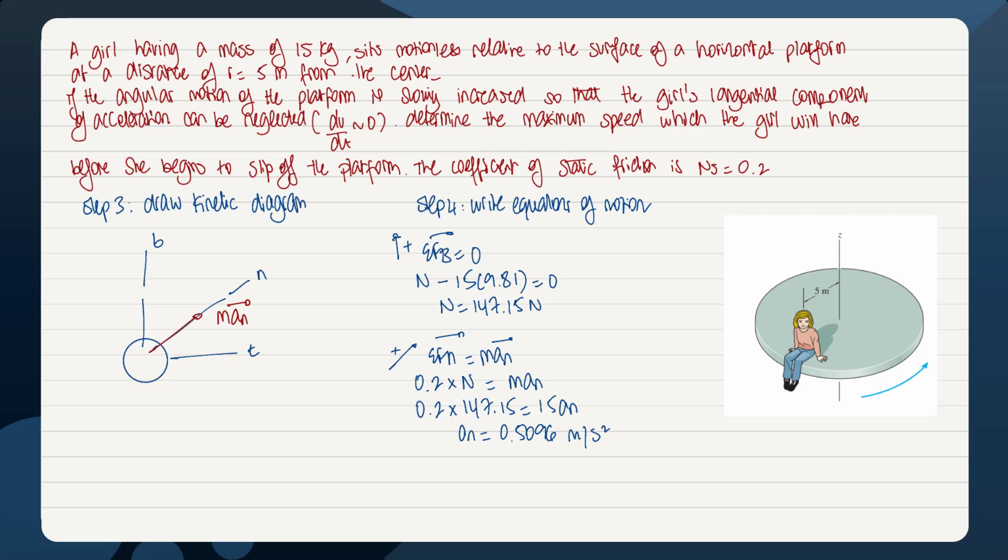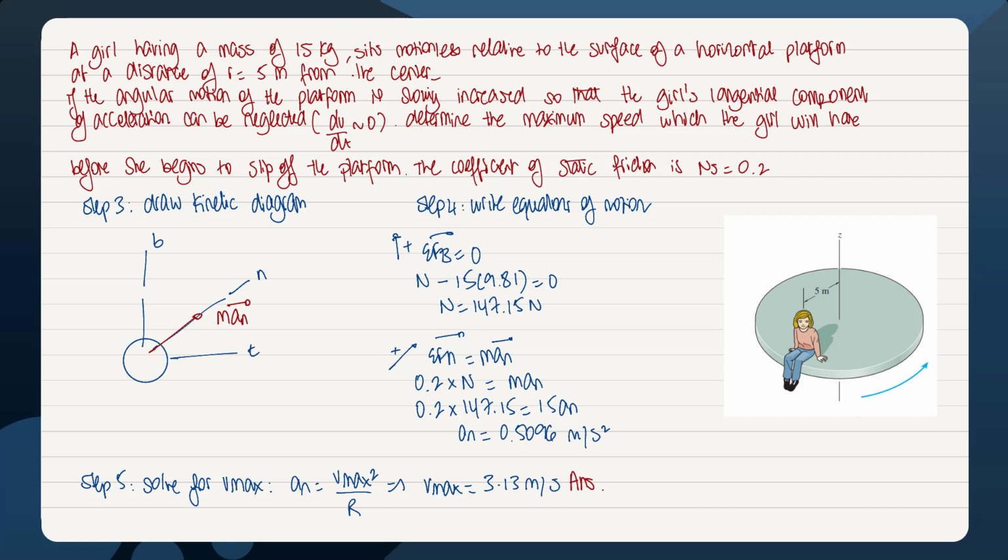Now that we have an, remember from step 1 that an is related to the velocity at the instant itself. So an is equal to Vmax squared divided by r, which gives us Vmax equal to 3.13 meters per second. That's a relatively easy problem which involves the normal and tangential components.